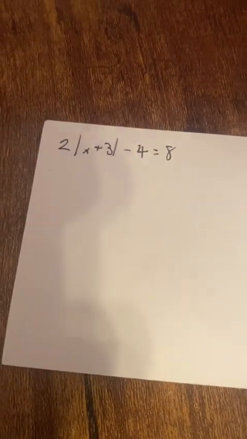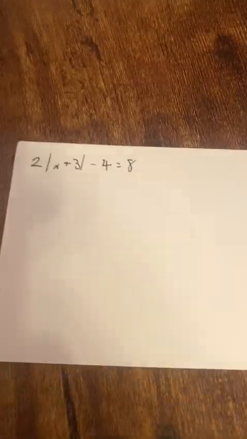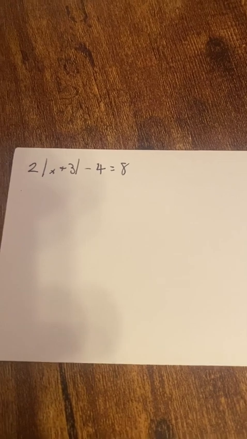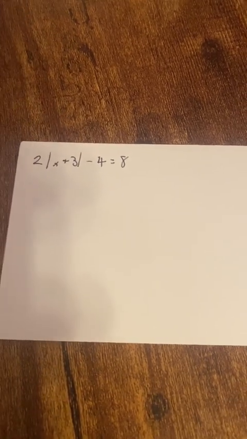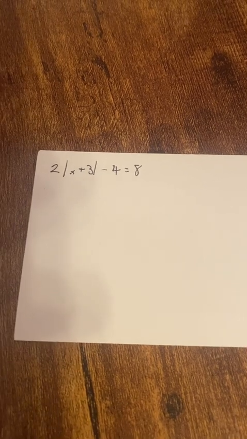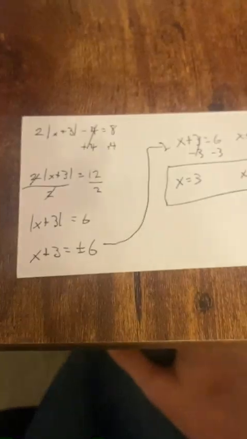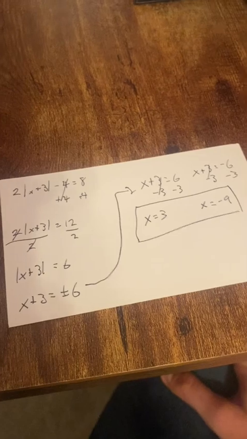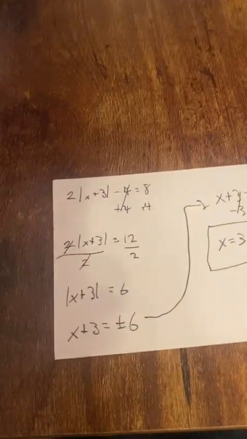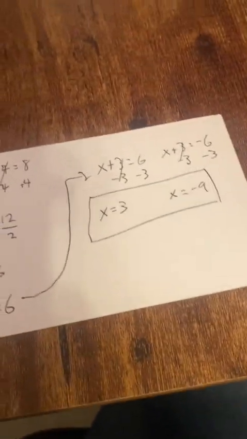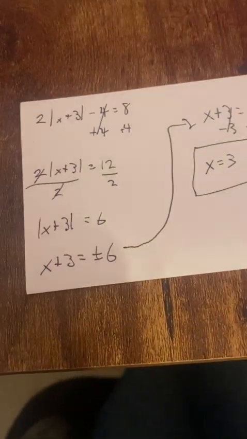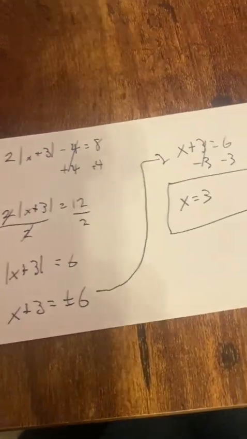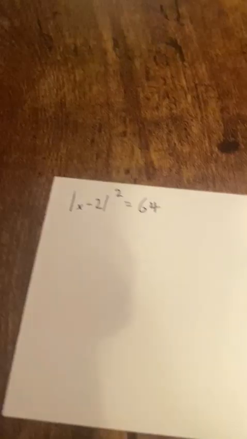So here we have an absolute value in a larger function context. In that case, you can actually just get away with treating it like brackets. So what I'm going to do here is isolate it. As you can see, you can isolate it through regular algebraic means, and then you can treat it exactly as usual, setting the other side of the equation to be both positive or negative.